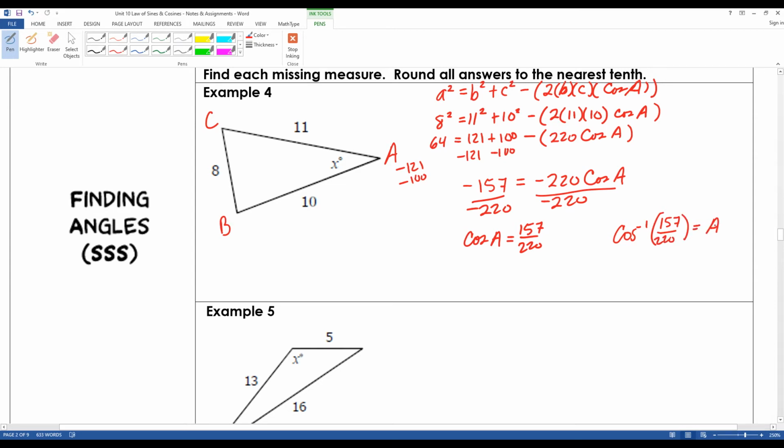And that's the key step right there. Once we get to that point, in your calculator, make sure you're in degree mode. You go to second cosine, type in the fraction 157 divided by 220, and then hit enter, and we get 44.46, so 44.5 degrees.